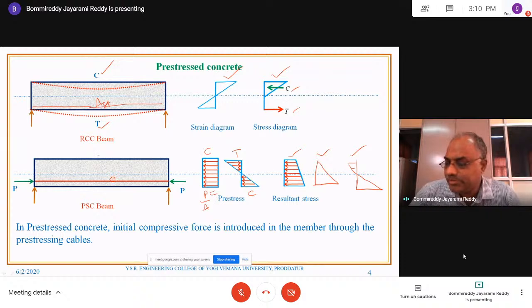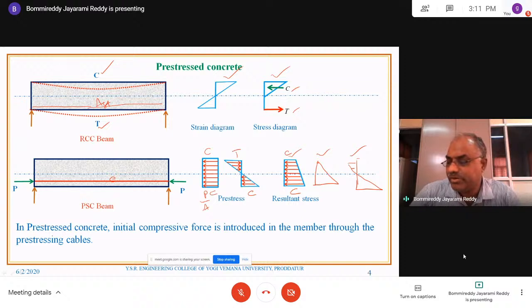So that means before the application of the loading, the entire bottom face is under compression, and the top face has a small amount of compression, or zero stress, no compression, no tension, or sometimes a small magnitude of tension. The important point here is that after the application of the load, tensile stresses are going to be induced at the bottom. So we need to provide initial compression at the bottom of the section.